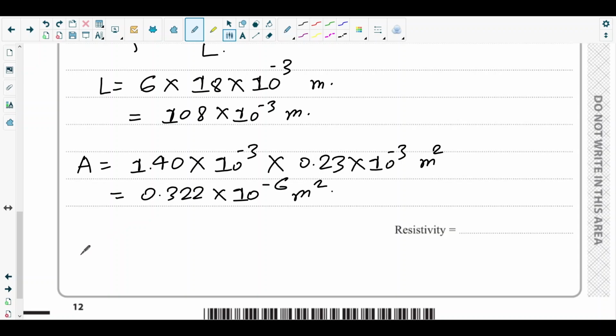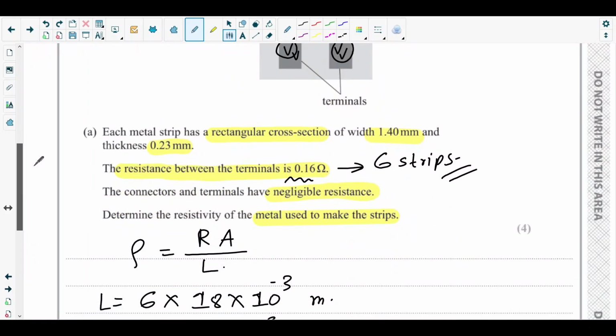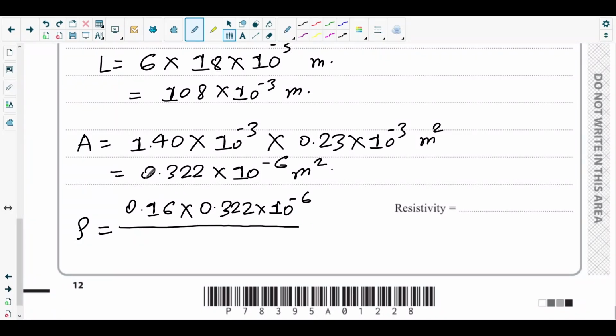So we need the resistivity. Rho equals RA over L. The resistance between the terminals is given as 0.16. A is 0.322 times 10 to the power minus 6 meter squared, and L is 108 times 10 to the power minus 3. The unit for resistivity is ohm meter.